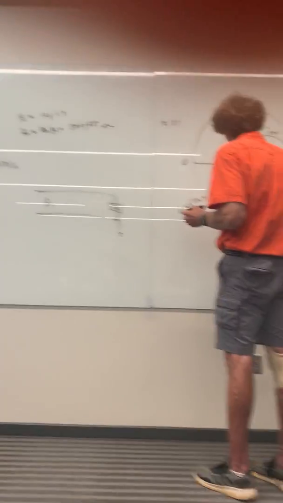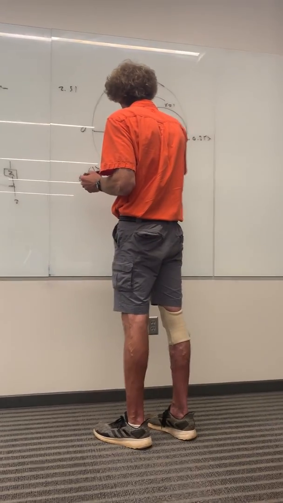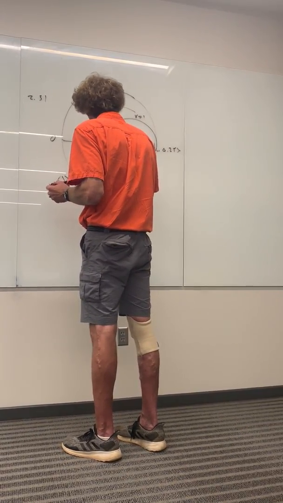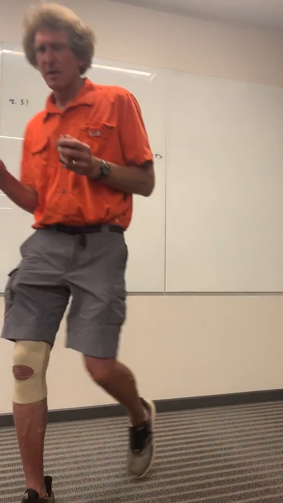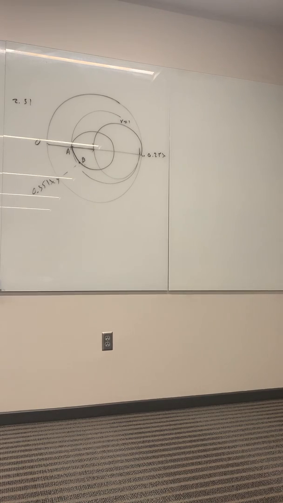Oh, so B is not on that circle, it's on a different circle. See, there's a different radius. Here's the radius and then this goes like this, right? And there's B here, right? Isn't that what it says?